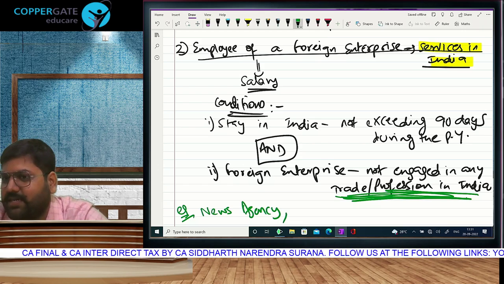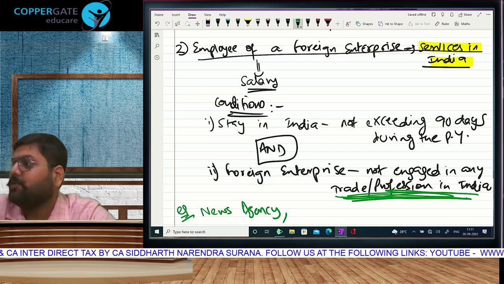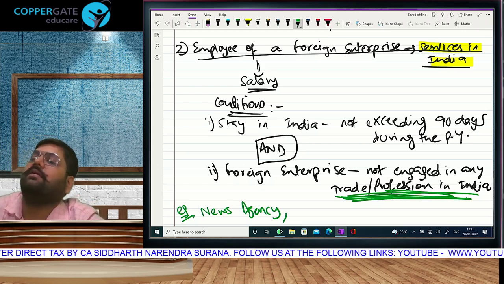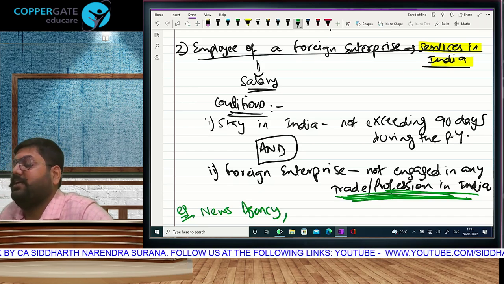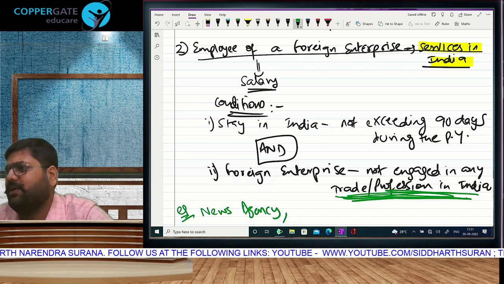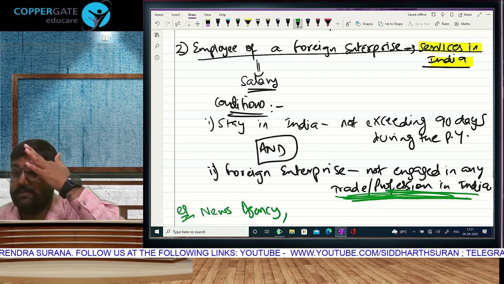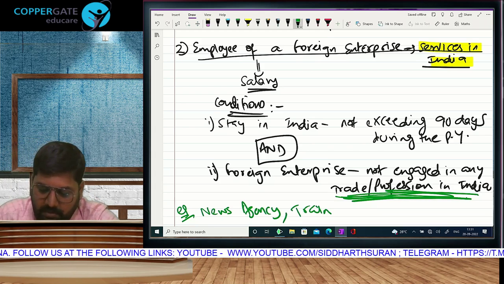The employees get excited and come back. But the point is, can a foreign enterprise send its employees for some kind of training? That training can possibly be under some Indian organization. Is it possible? Yes. So now observe.